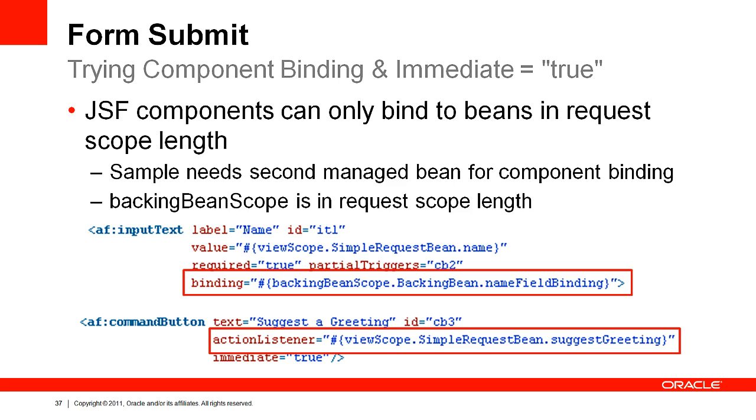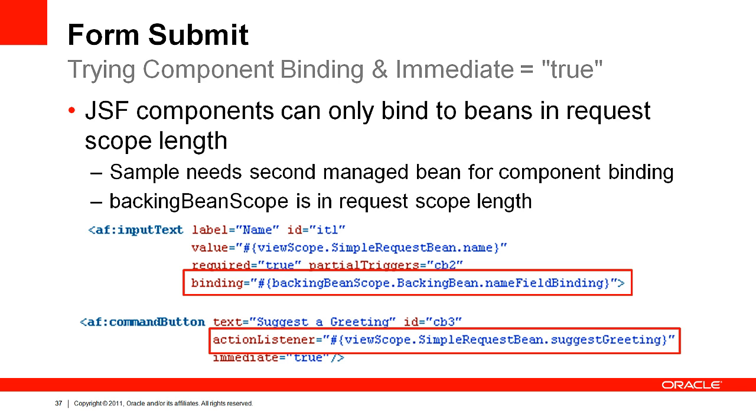And the reason why we do need to use two backing beans, or two beans in general here, is that the component binding has to be in a bean that is in request scope. So it could be request scope or the backing bean scope as shown here on the screen, which is an ADF controller scope. Java Server Faces components are not serializable, and this is the reason why you want to make sure that this is in request scope.